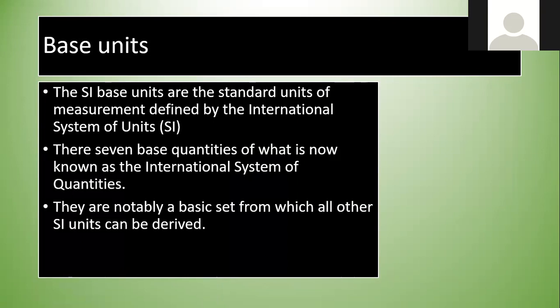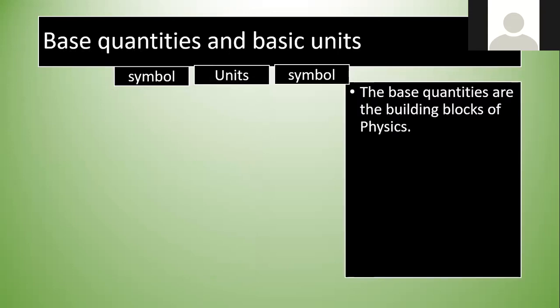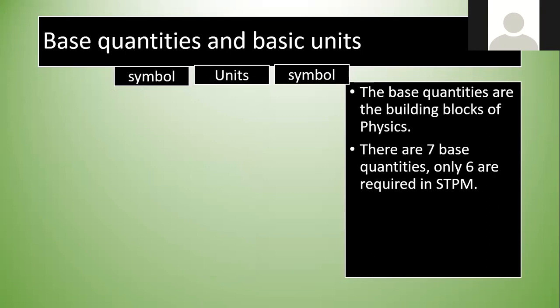They are notably a basic set from which all SI units are derived. So from all these 7 basic ones, we derive all our other units and quantities. Right? So you must recognize that, memorize that. Base quantities are the building blocks of physics. There are 7 of them.